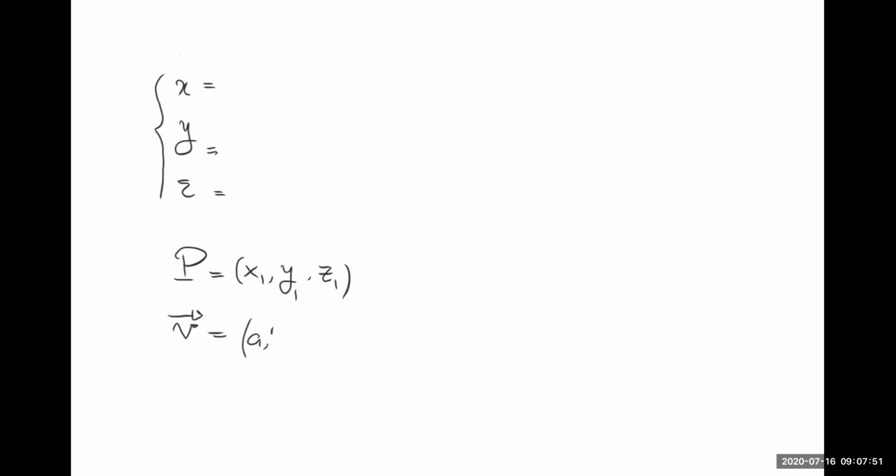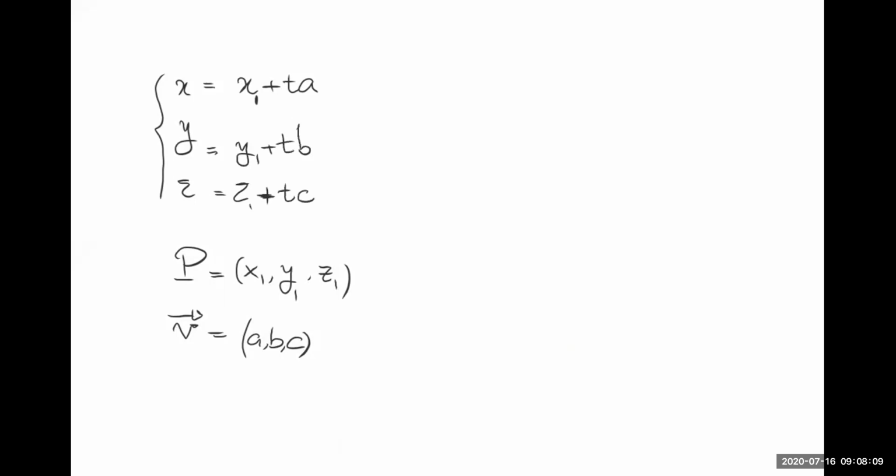The equation which describes this line can be written like this: x, y, and z are equal to, well, if the point P has the coordinates x1, y1, and z1, and the vector v has the coordinates a, b, c, the equation is x equals x1 plus t times a, y equals y1 plus t times b, and z is equal to z1 plus t times c.